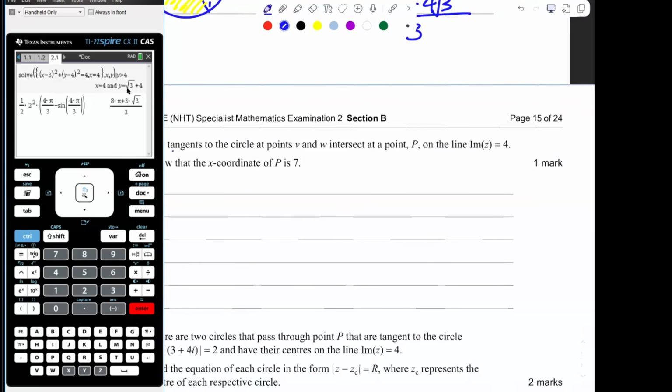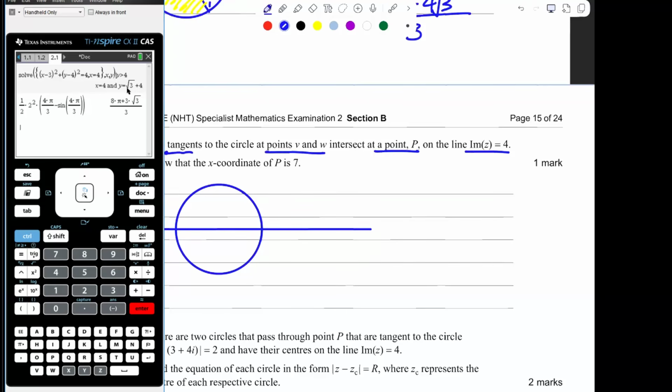All right, the tangents to the circle at points V and W intersect at a point P on the line y equals 4. Show that the x-coordinate of P is 7. I think there are many possible methods, but one possible method I would use is, for example, at V, this point is going to be 4, 4 plus root 3.